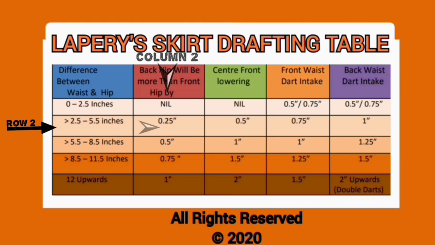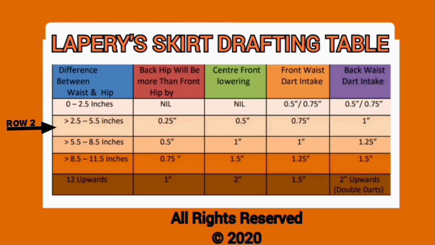When you are drafting your skirt pattern, we are drafting half of the back piece and half of the front piece, not full. So this 0.25 for the back will translate to half an inch on the full measurement. That half piece of the back will carry 0.25 difference. It will be wider than that of the front by 0.25.